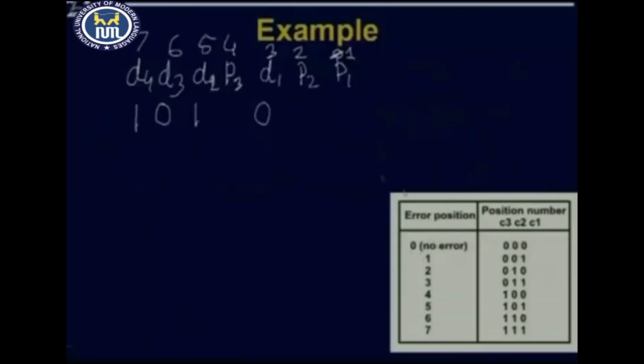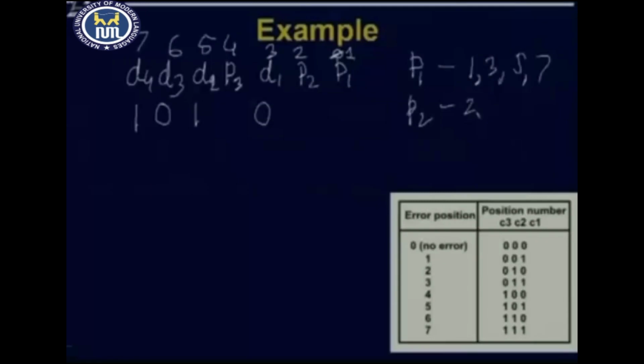If we have 0, 0, 0, that means we have no error. If we have 0, 0, 1, that means there is an error in position 1, and so on up to position 3. So these parities are calculated. P1 uses 1, 3, 5, 7, as shown in the previous slide.